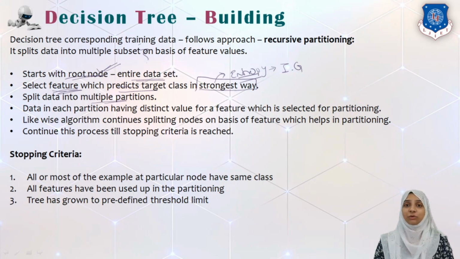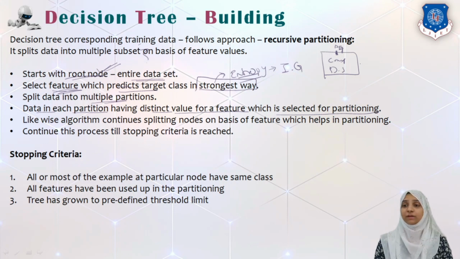These partitions can be two if the attribute or feature is binary, and if the attribute or feature has more than two values, we can have multiple partitions accordingly. Now, the next point says that data in each partition has a distinct value for the feature which is selected for partitioning. Say, for example, this is my complete data set, and in this data set, this is attribute number 4, which is the strongest contributing attribute.